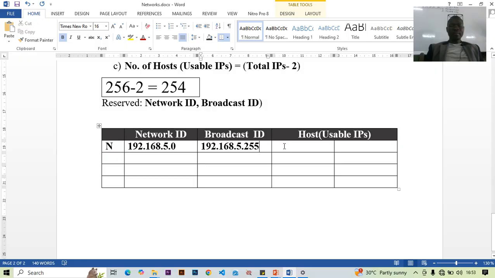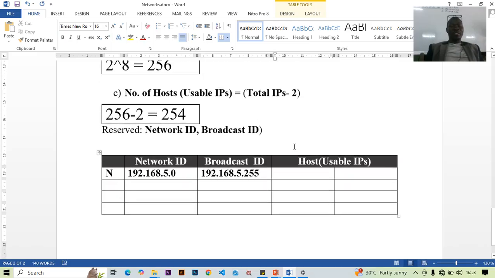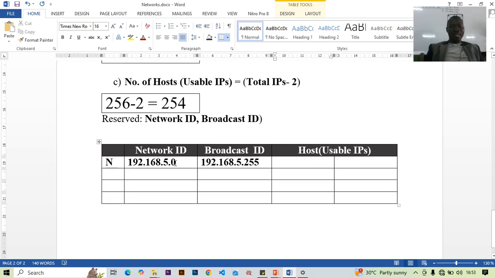Then, having done so, how do we find the usable IP addresses in this given network? We said that the IP addresses in this network will range between 192.168.5.0 up to 192.168.5.255, which means the values will range between 0 and 255.